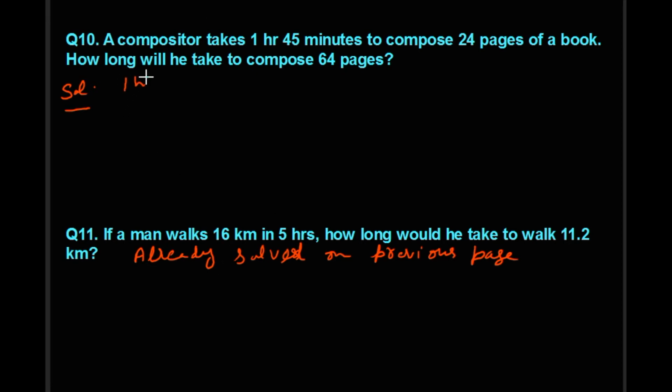For that we have to change 1 hour 45 minutes to minutes. 1 hour is equal to 60 minutes, so this will become 60 minutes. Now we will add this 45 to these minutes. So this would become 105 minutes.